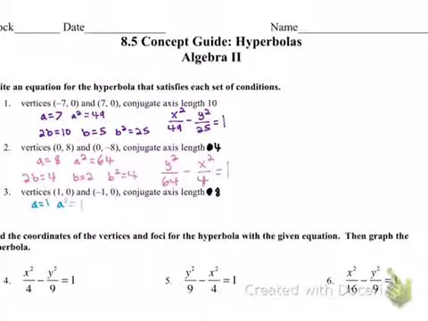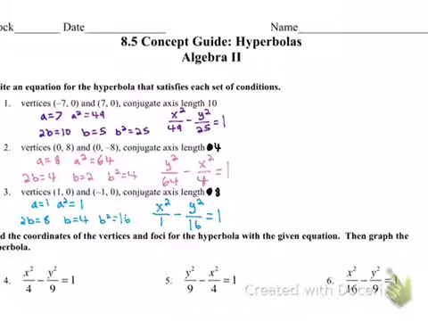So a equals 1, so a squared is 1. 2b equals 8, the entire length, so b is 4, and b squared is 16. So my equation for the hyperbola would be x squared over 1 minus y squared over 16 equals 1.